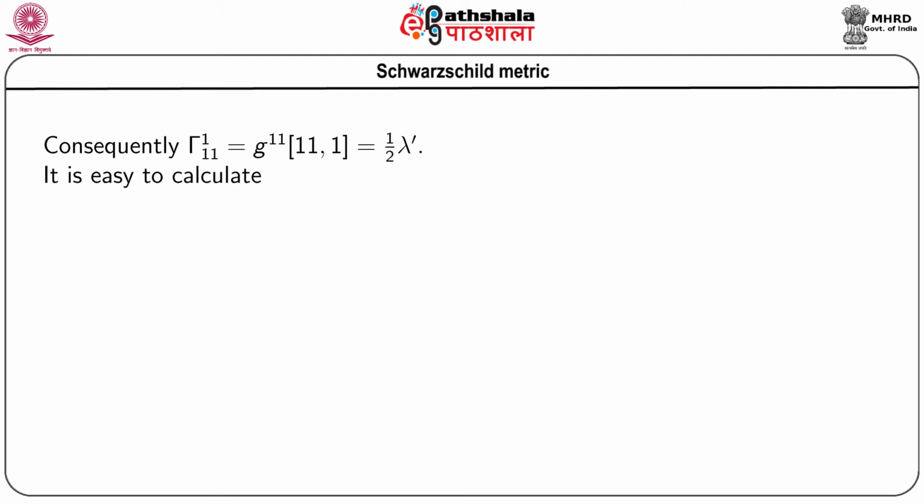And consequently, the Christoffel symbol of second kind, that is gamma 1 1 1, which is equal to g upper 11 times Christoffel symbol 11 comma 1, gives half lambda dash.